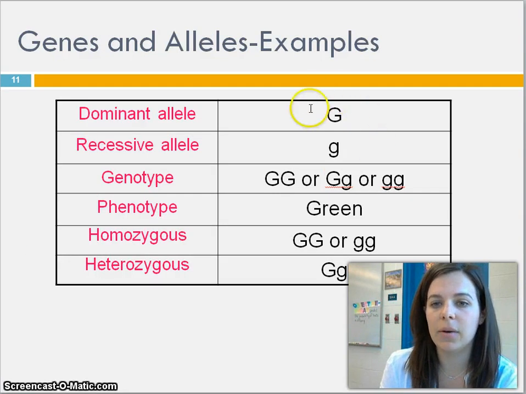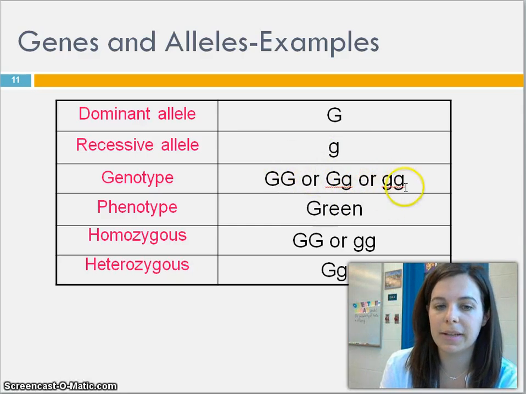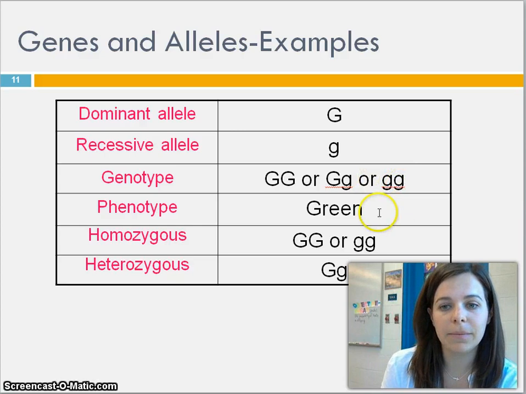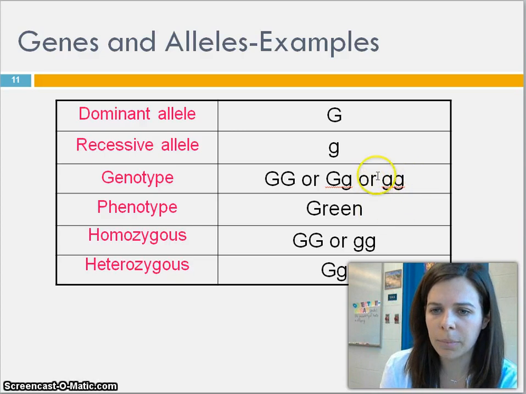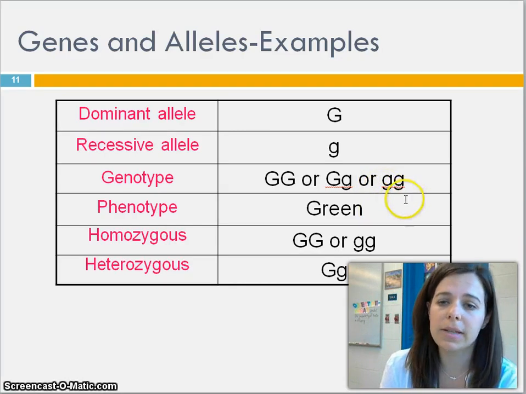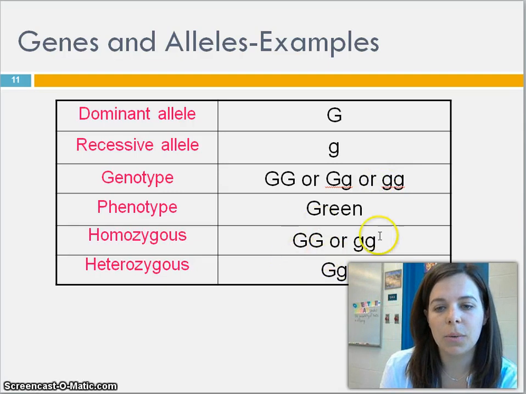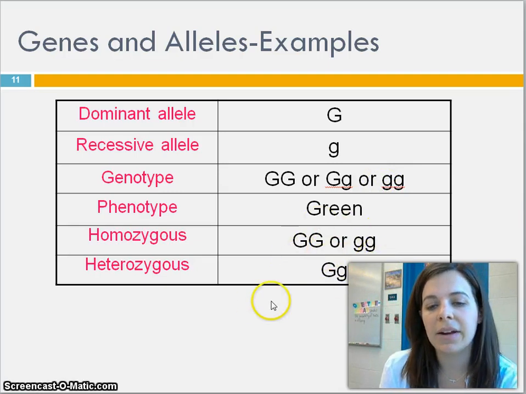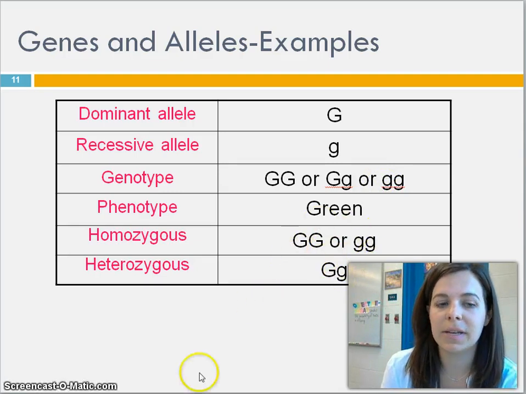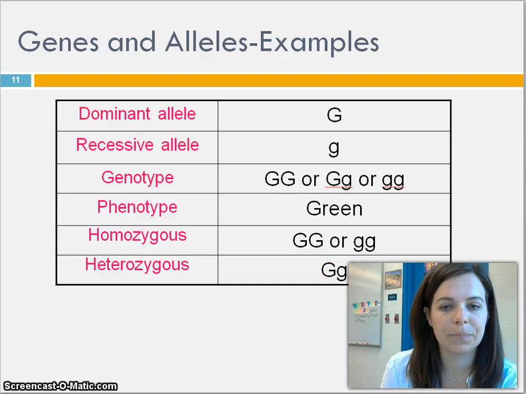A dominant allele always has a capital letter, recessive is always lowercase, and these can be our possible genotypes: 2 capitals, a capital and a lowercase, or 2 lowercase. Our phenotype here would be green, or perhaps yellow if you had 2 lowercase g's. If you are homozygous, you have 2 capital G's or 2 lowercase g's. Heterozygous would be a capital and a lowercase because both alleles are different.